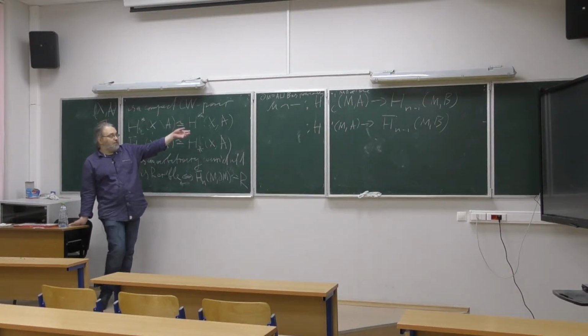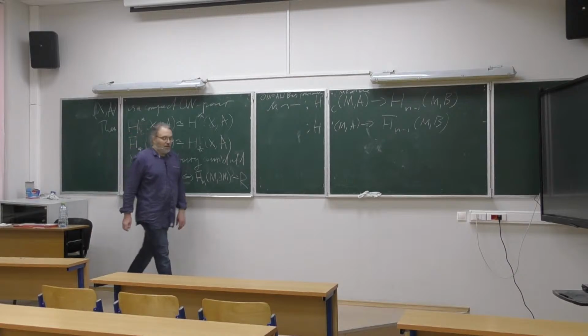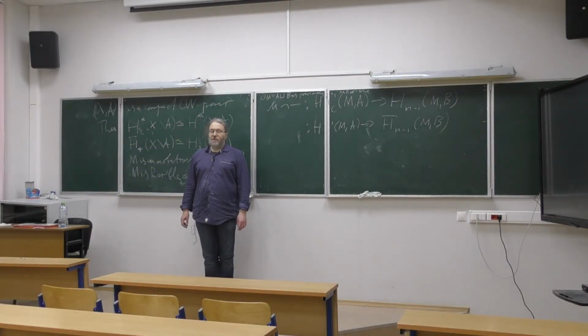So these are the two generalizations of the usual Poincare duality. Spectra on the one hand and sheaves on the other hand. Are there any more questions?